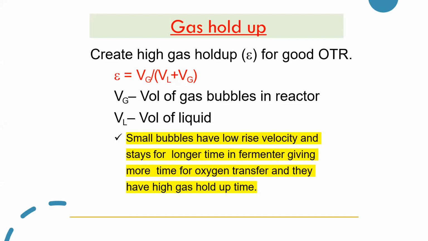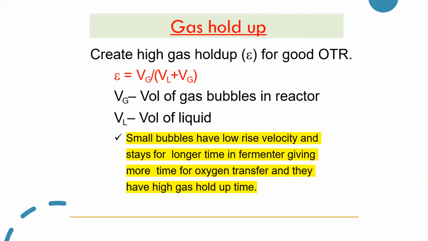They have left the reactor. But is it a true measure? No. Only in case of the optimum size air bubbles having diameter of 2 to 3 millimeter, gas holdup is a good measure of oxygen transfer, because those bubbles are also staying in the fermenter for a longer time. They have a low rise velocity as compared to the larger bubbles with great rise velocity, and they are actually transferring their oxygen content to the bioreactor.